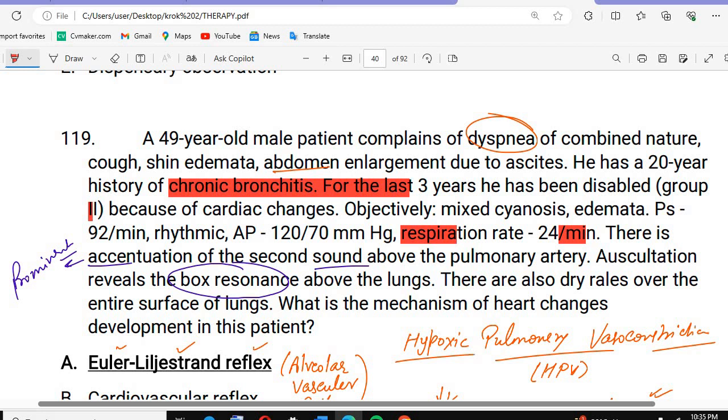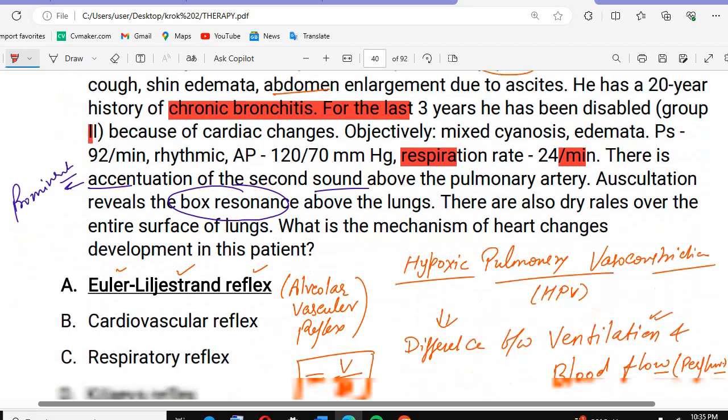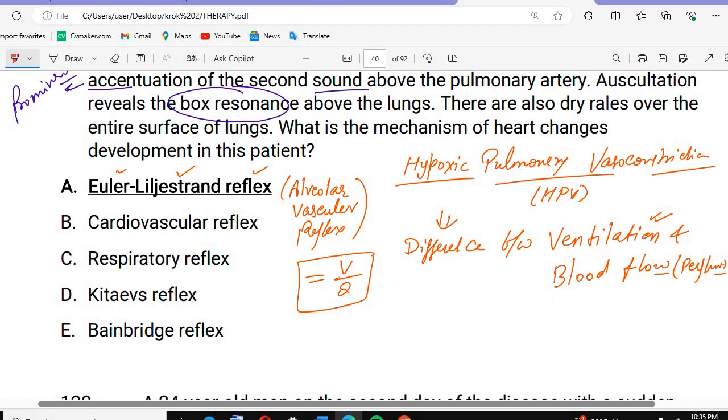So what we have seen is that if there is any pulmonary pathology, we will measure the ventilation perfusion ratio, and this ratio will tell us how hypoxic the patient is.